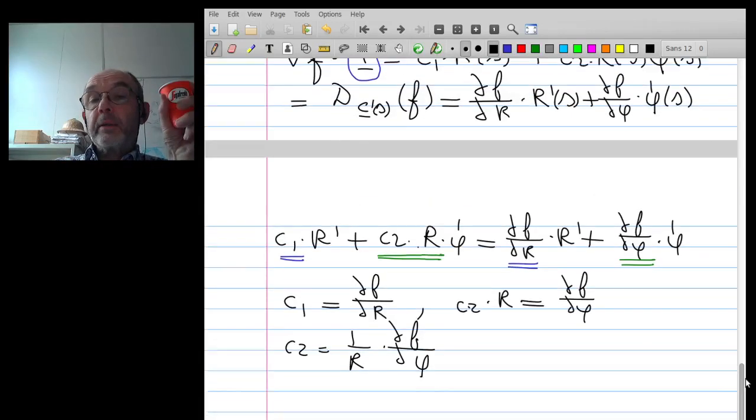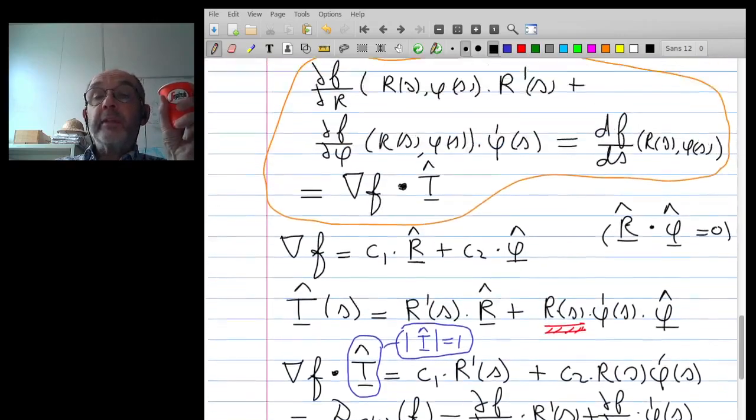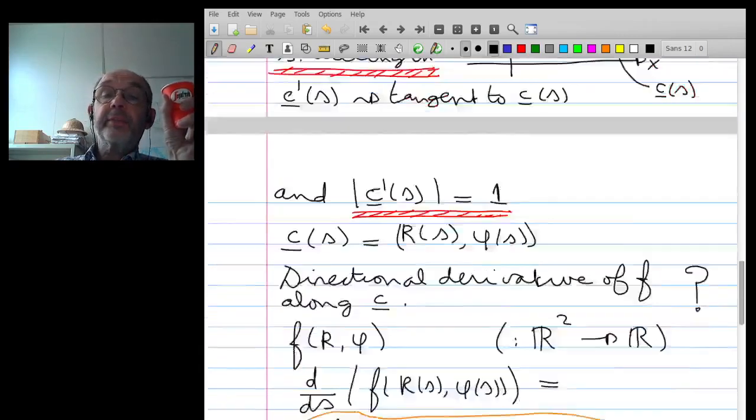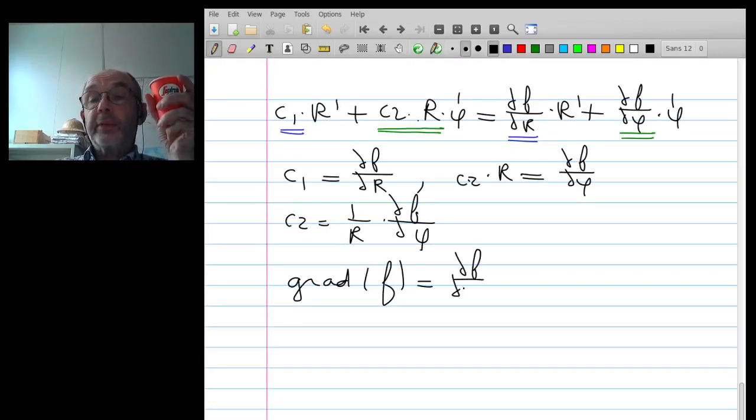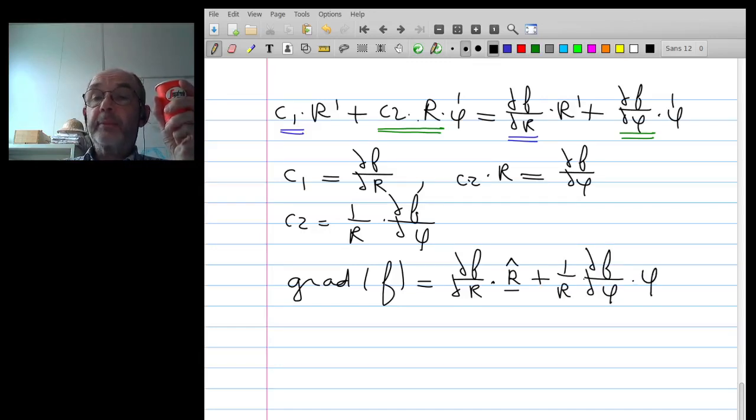And so we see that the gradient of f becomes equal to the partial derivative of f with respect to r multiplied by the unit vector in the r direction, plus 1 over r times the partial derivative of f with respect to phi times the unit vector in the phi direction.